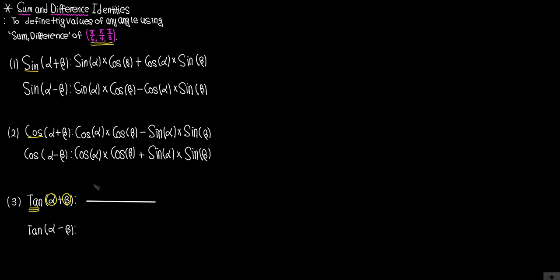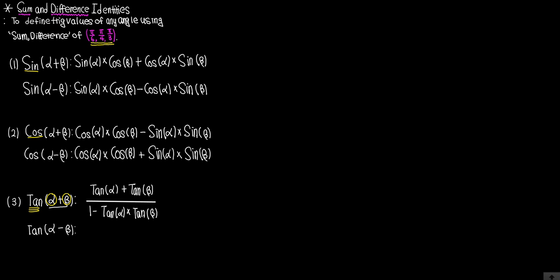So when it is alpha plus beta, the tangent sum identity will be written in this way: tangent of the first angle, alpha, plus the tangent of the second angle, beta, over 1 minus the tangent of alpha times the tangent of beta. I won't explain why it is written this way, because this video is basically about introducing the sum and difference identities and how to apply them to real questions.